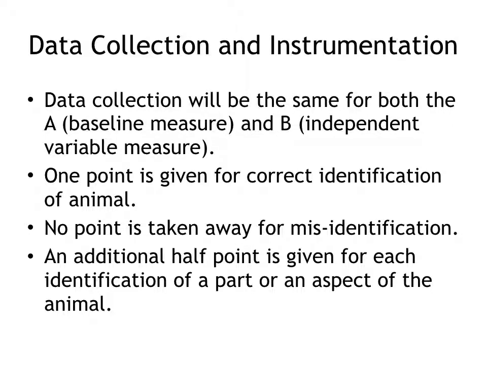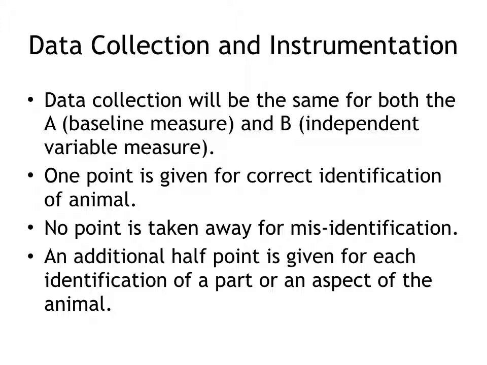So as Sharon is examining the taxidermies, both the TVI and the researcher will be observing, and 1 point will be given for correct identification of the animal. However, no point will be taken away for misidentification of the animal.